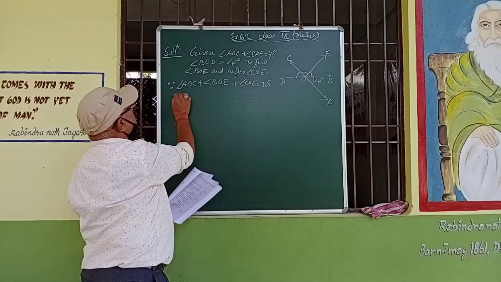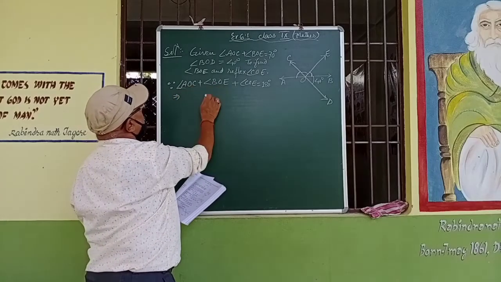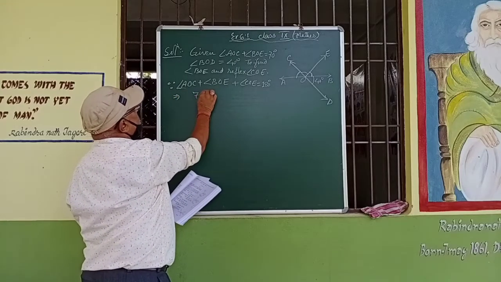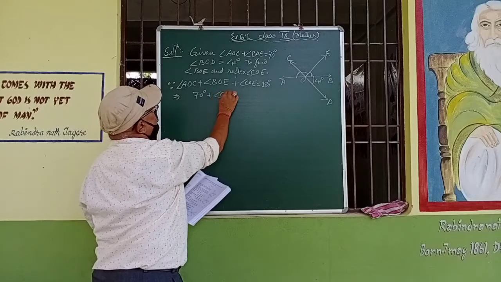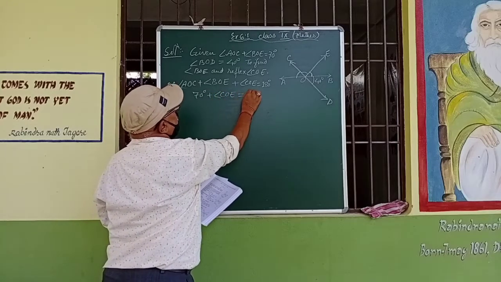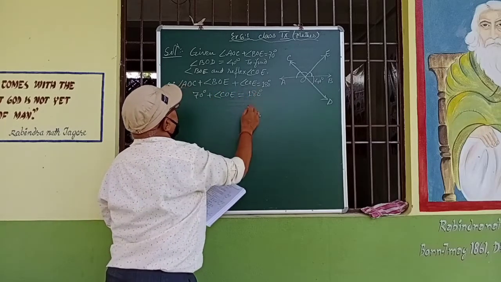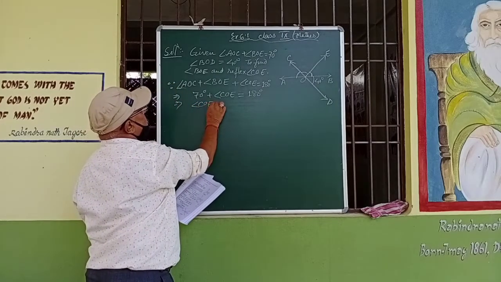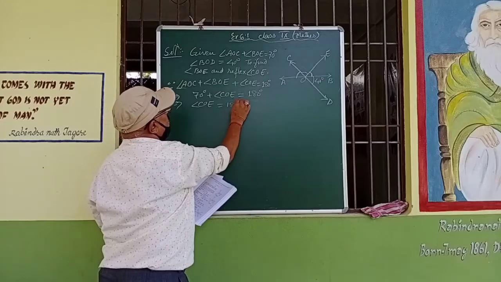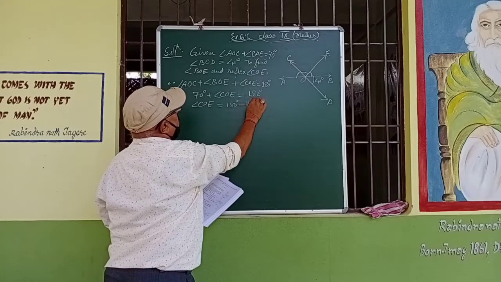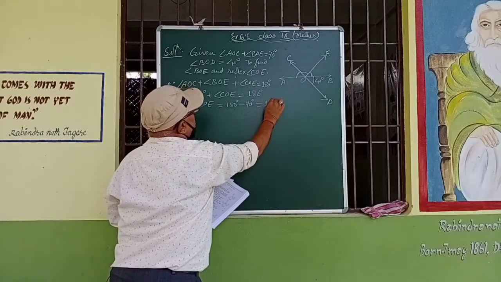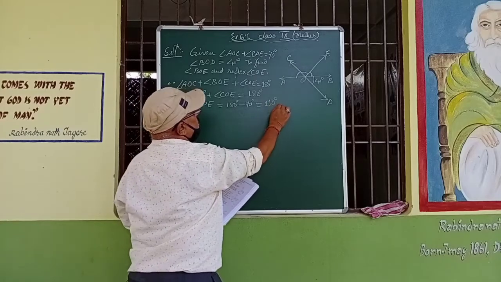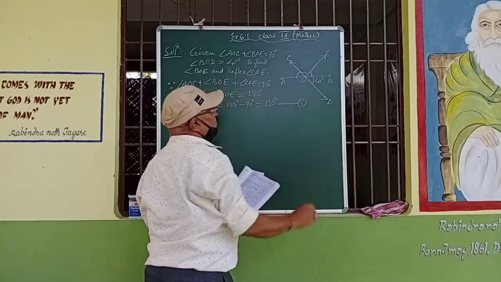Okay, and this AOC plus BOE is 70 degree, plus COE is equal to 180 degree, or COE is equal to 180 minus 70 is equal to 110 degree. Equation number 1.